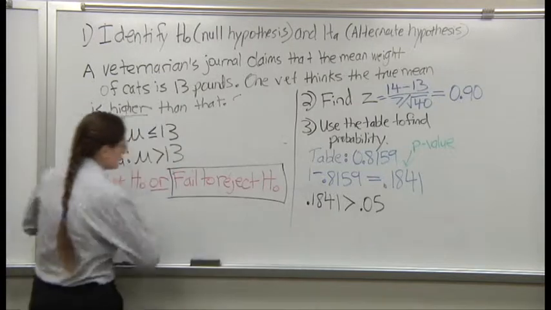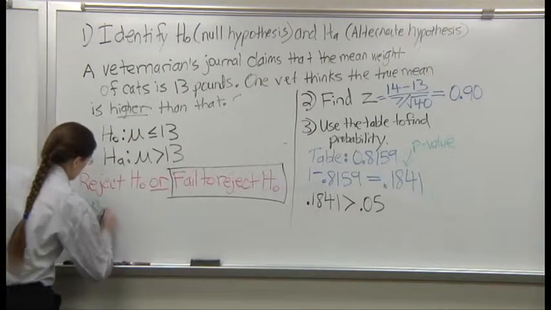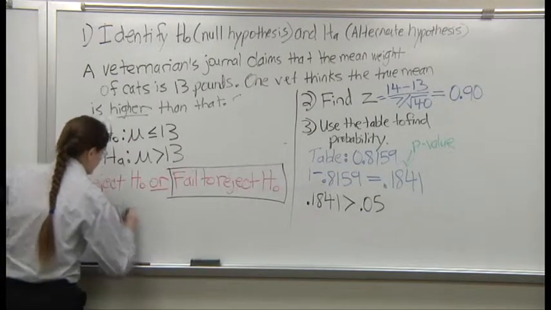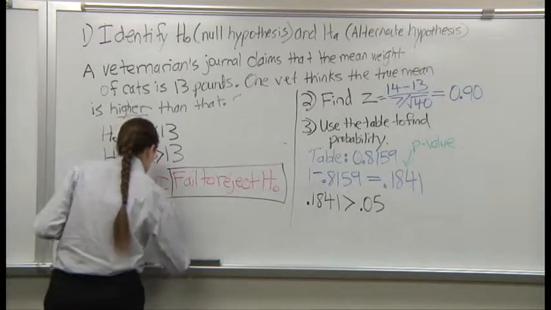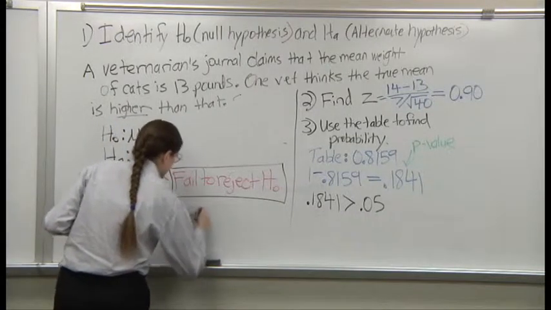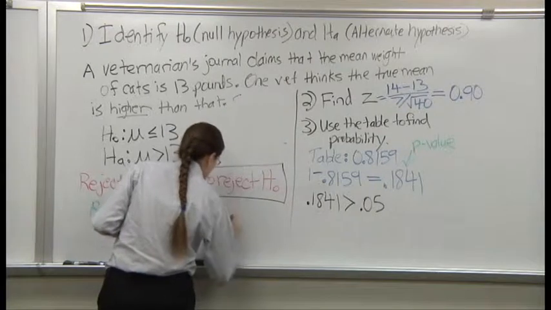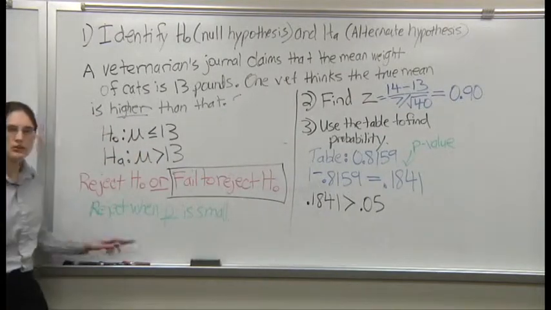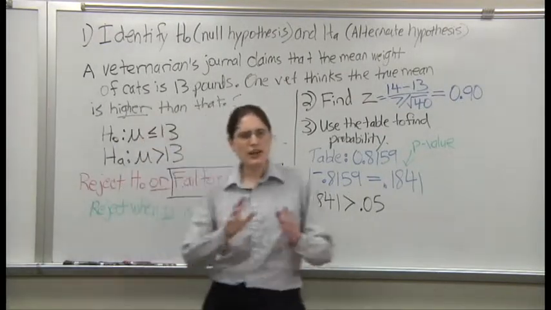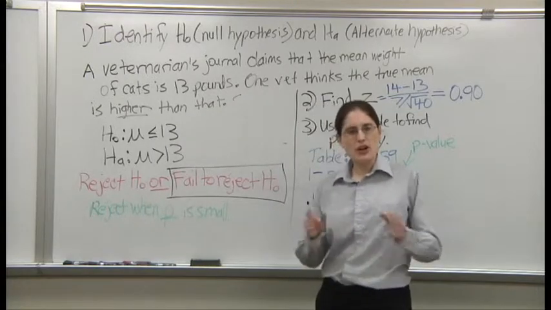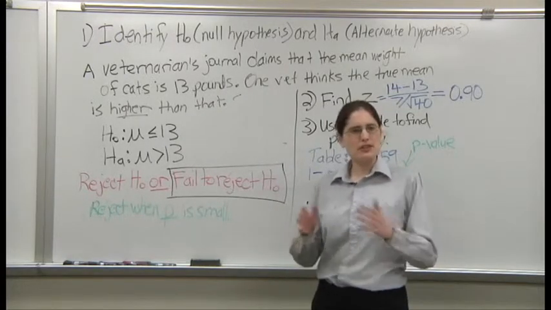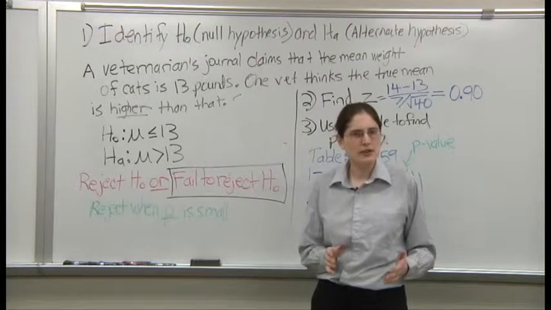You only reject when p is small. Here's how I like to remember that. You know when you open up a can of peas, the peas are like all the same size?